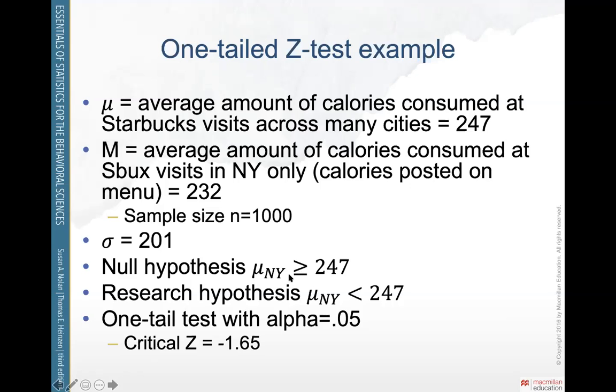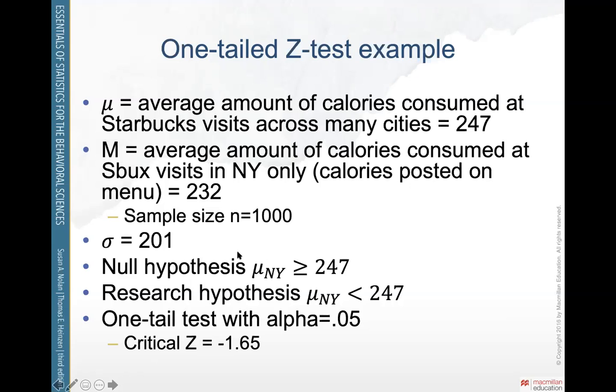But if we're doing a one-tailed test, even if it turns out that when we measure the amount of calories that people consume at Starbucks in New York, that number is drastically more than 247, because our hypothesis was a one-tailed test, because it was directional, we actually count that as satisfying the null hypothesis.